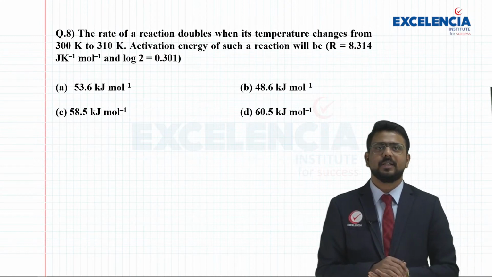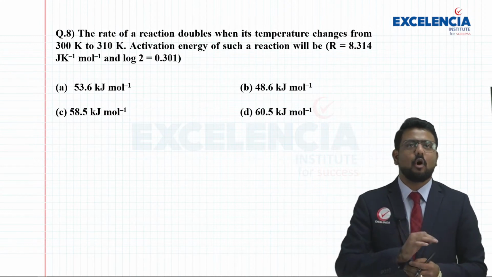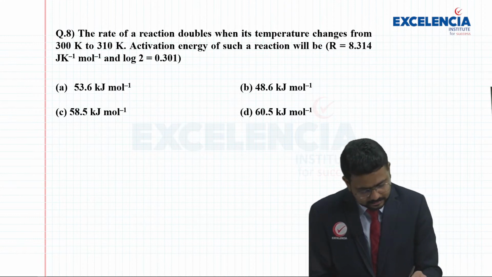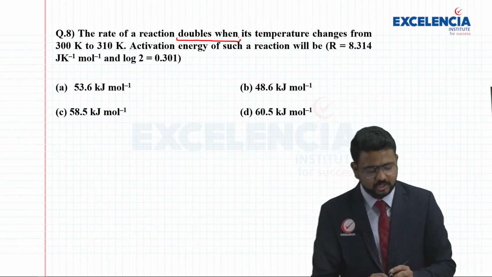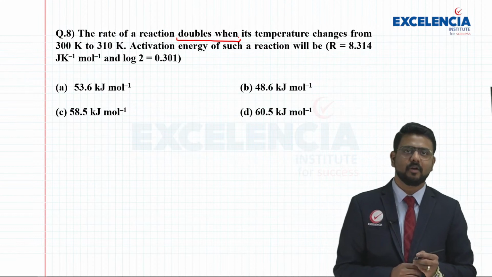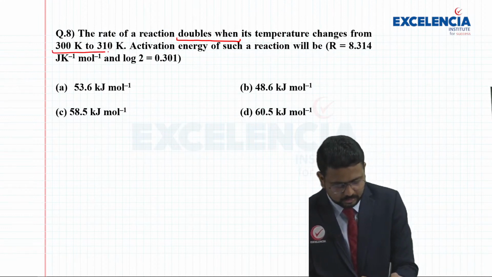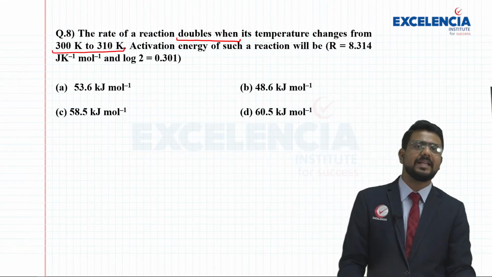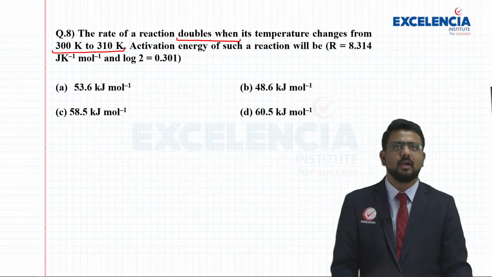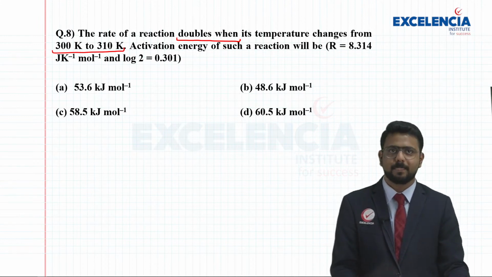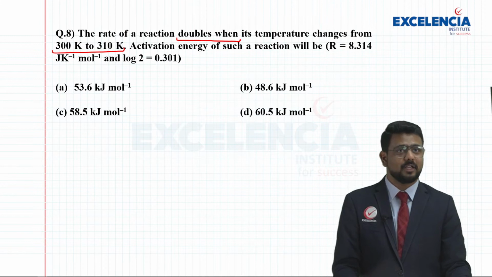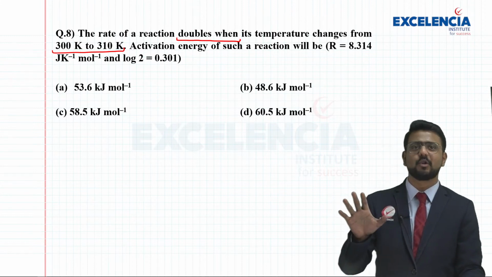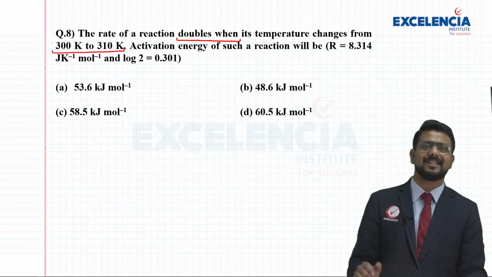So, the question here is, the rate of a reaction doubles when its temperature changes from 300 to 310 Kelvin. So, that we already know that for every 10 degrees Celsius rise in the temperature, rate of reaction almost doubles. The activation energy of such reaction will be, now this is a typical question which is actually based on the Arrhenius equation.